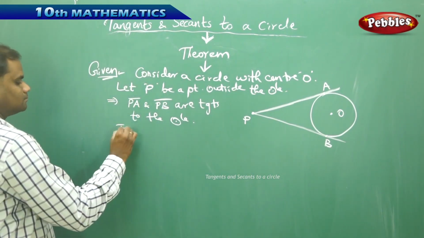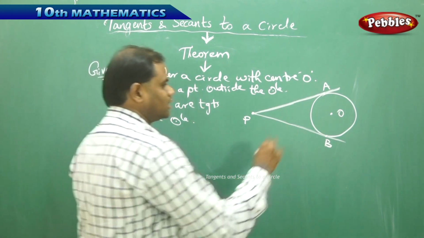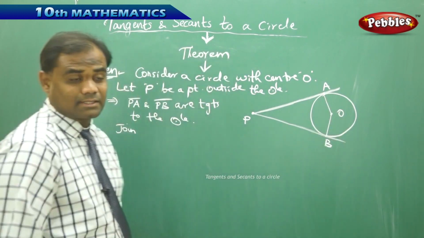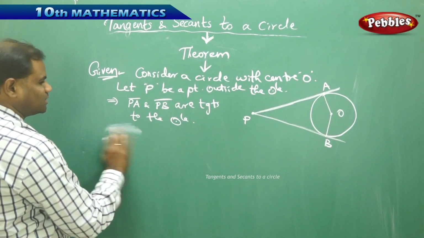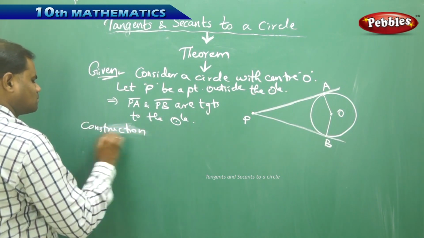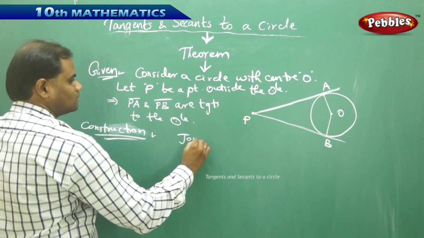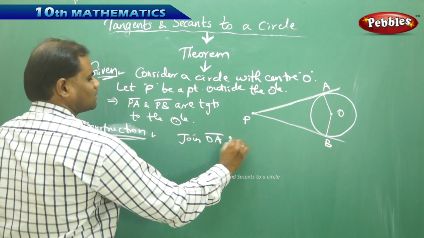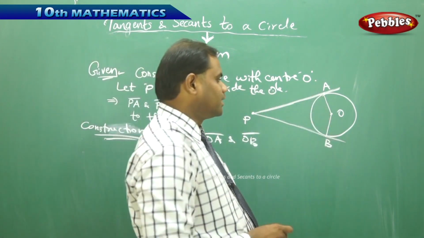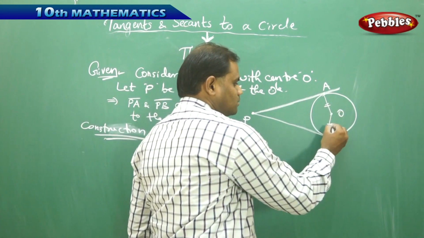Then thirdly, I join AO and OB, which can be taken as the construction. Here the construction is: join OA and OB, the radii. Now OA and OB are the radii, therefore they must be equal.